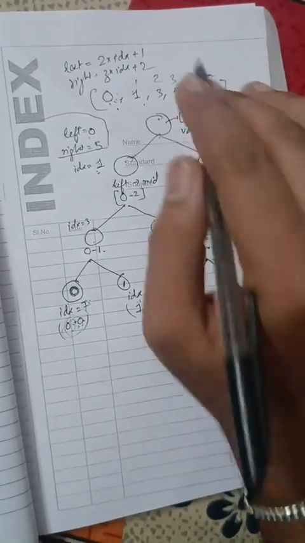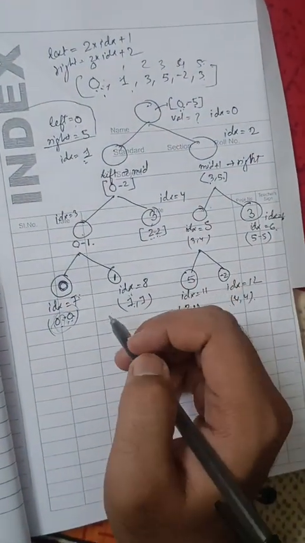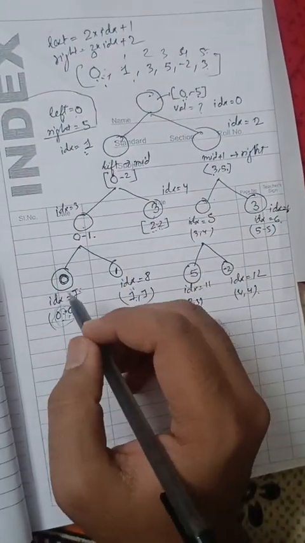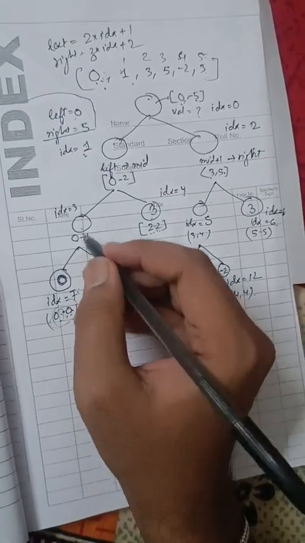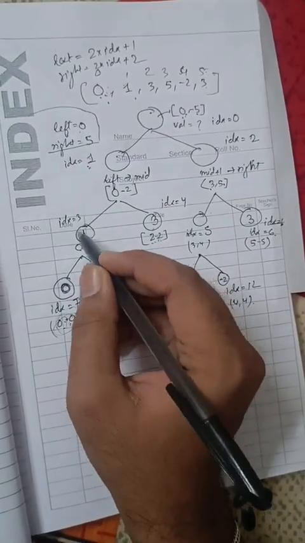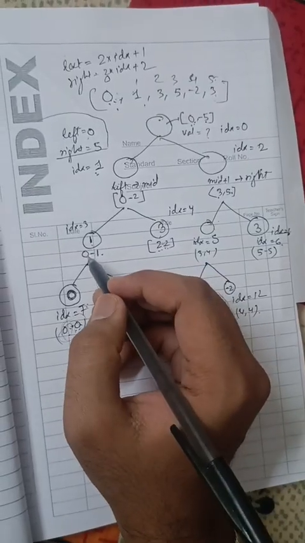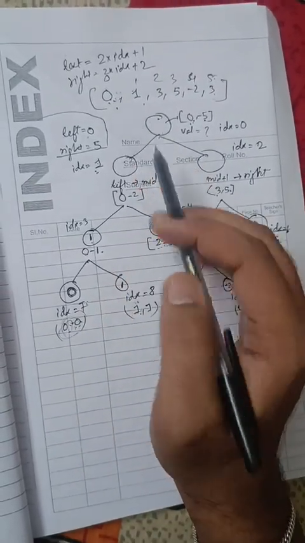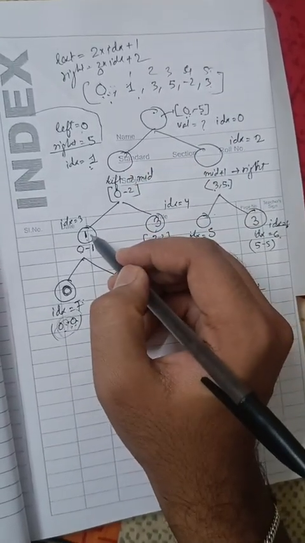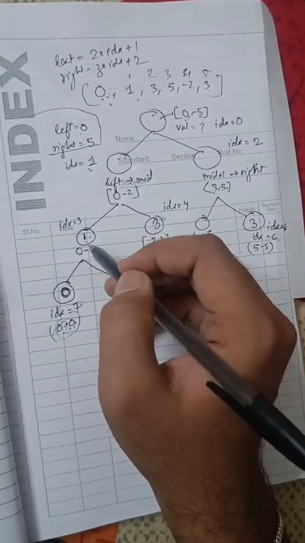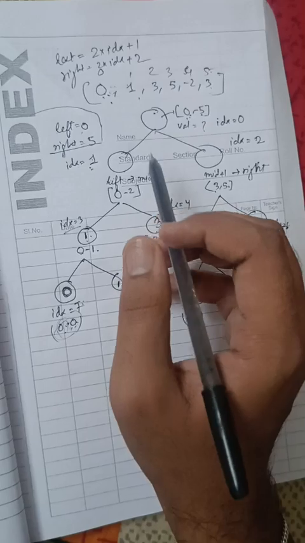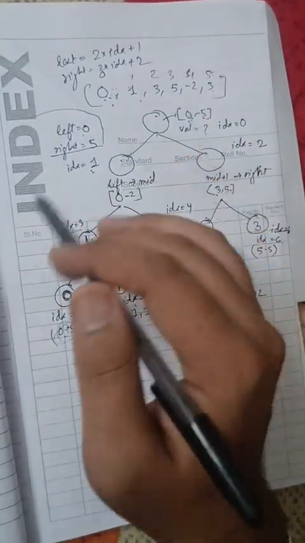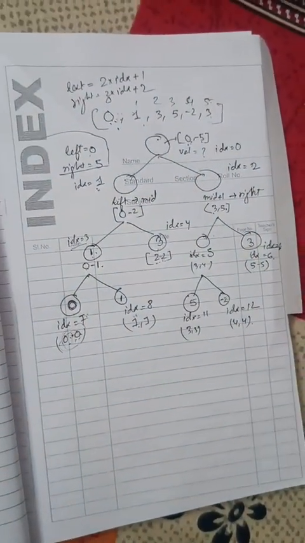Suppose, let's say it's the summation part, okay? So I will sum it up, and the answer will be 1. So what this says is that in range 0 to 1 the summation is 1, okay, and this value is stored at index 3 in the segment tree, okay.